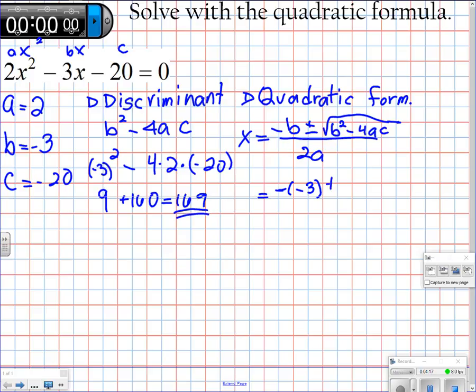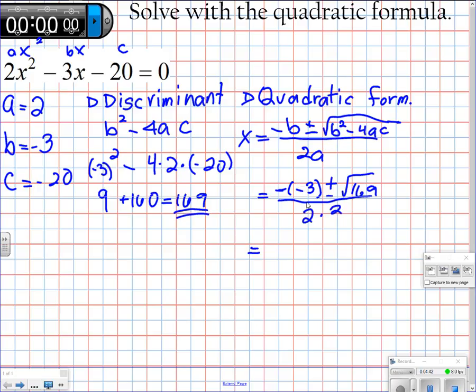Then plus or minus the square root of the discriminant, which I already found: 169. All over 2 times a, and the a value is 2.